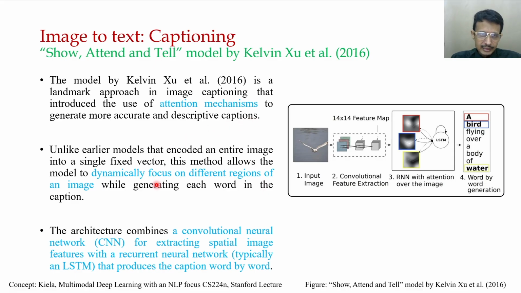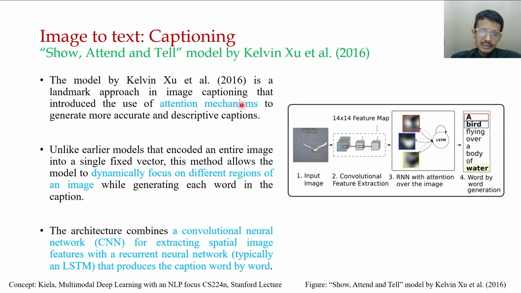So how is it different from the contemporary models? Unlike earlier or existing models that encoded an entire image into a single fixed vector, this method allows the model to dynamically focus on different regions of an image, and thus the attention.